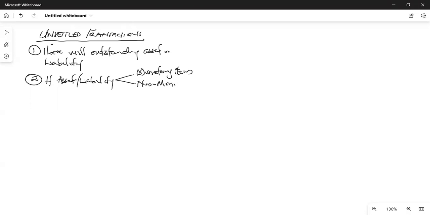You need to be able to distinguish between the two. Remember, we gave examples of monetary items to be receivables, payables, and loans. And here we were talking about inventories and also PPE.